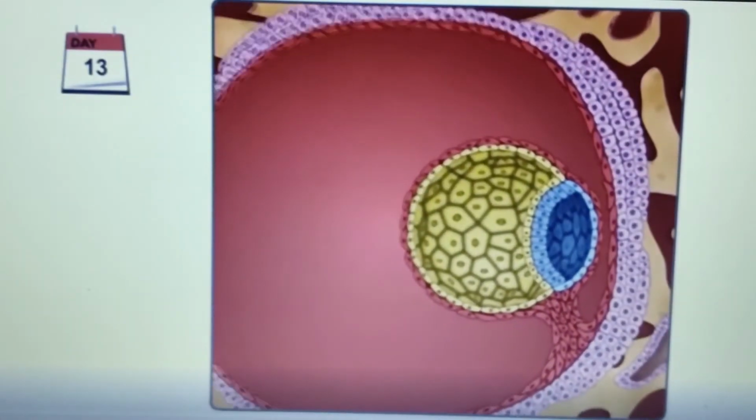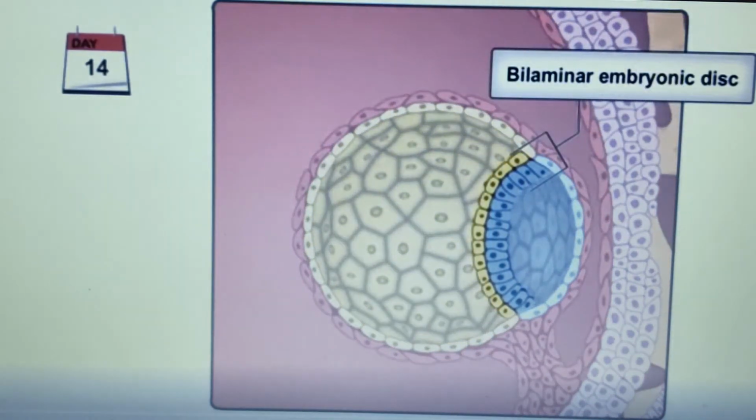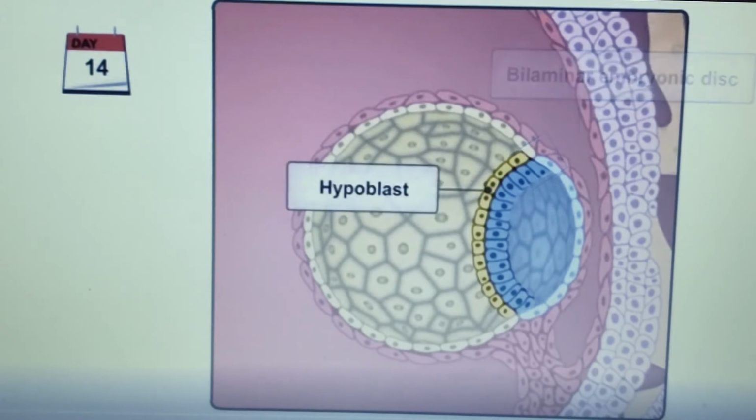Towards the end of the second week of development, the bilaminar embryonic disc consisting of hypoblast and epiblast has formed.